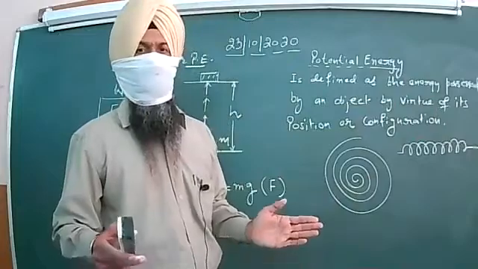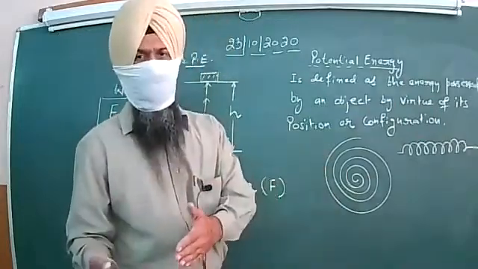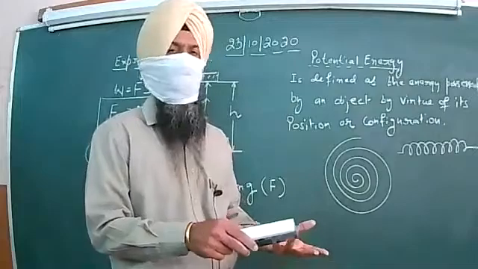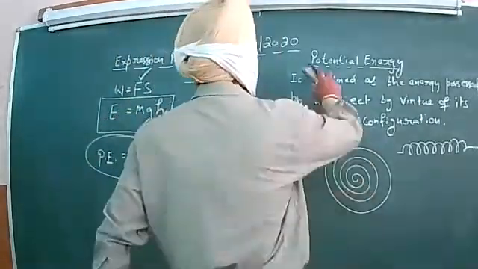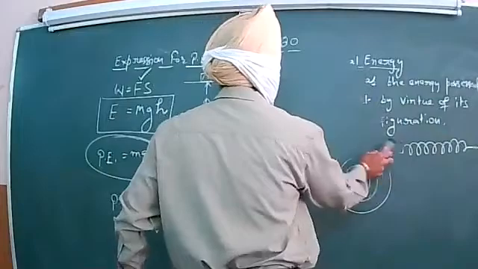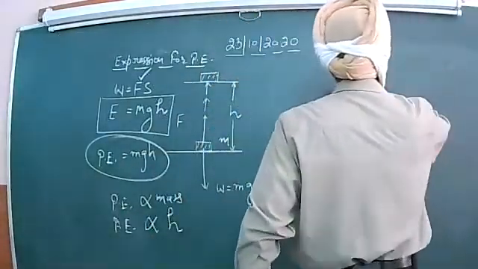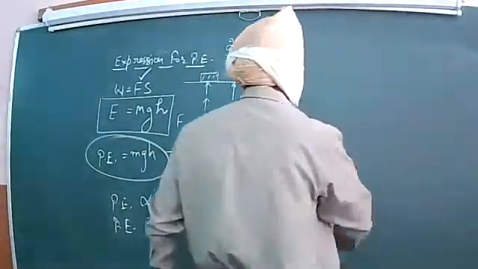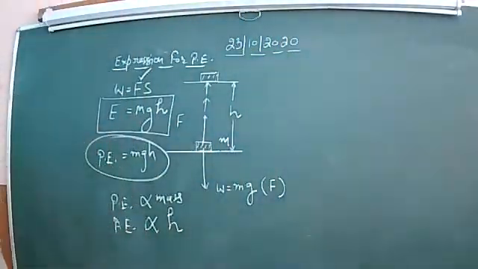Any object having energy stored in it due to its position or due to its height is called potential energy. Now, dear children, I will have a small numerical based upon the concept of potential energy, and let me discuss that numerical with you.